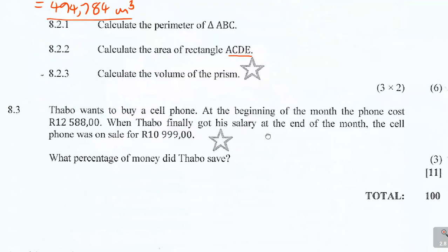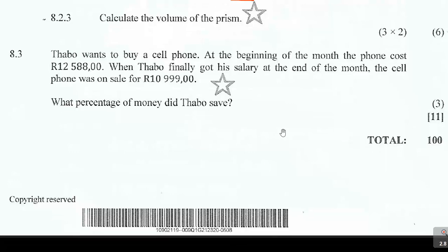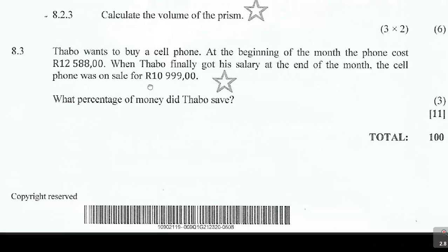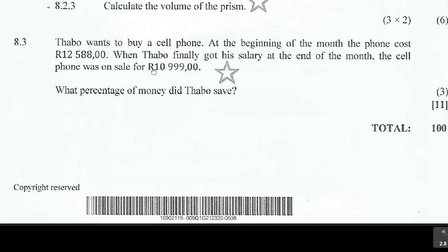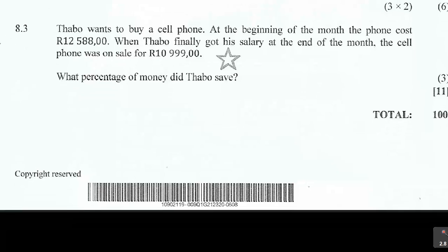And then last but not least, the last question is about Tabo, and it says Tabo wants to buy a cell phone. At the beginning of the month, the cell phone cost that amount.